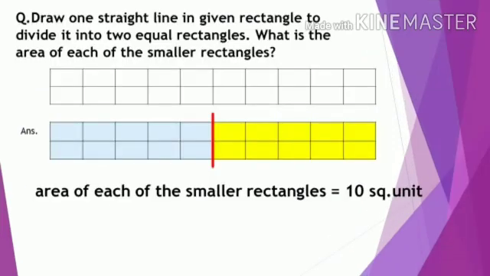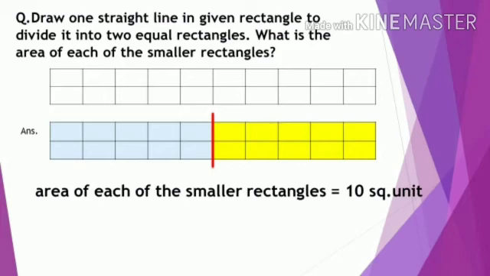Our next question is, draw one straight line in the given rectangle to divide it into two equal rectangles. What is the area of each of the smaller rectangles? Students, in the question you can see there is one rectangle. Now we have to divide this bigger rectangle into two equal rectangles, meaning two small rectangles.